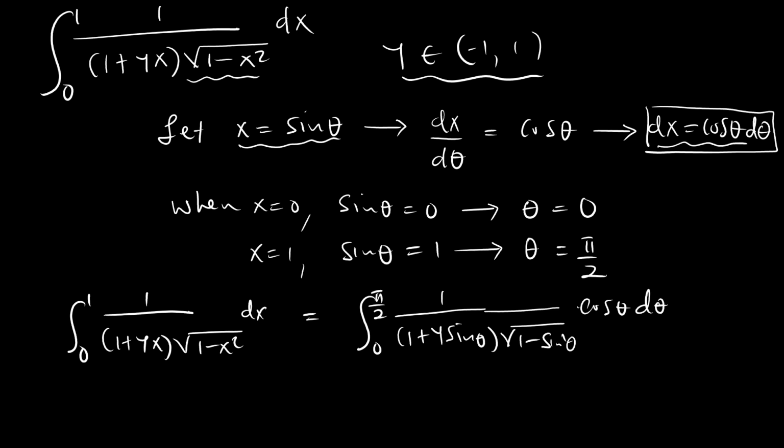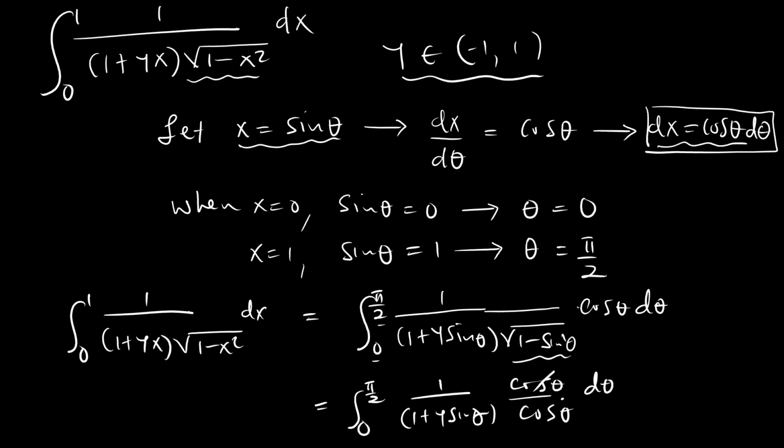So in this interval, the square root is safely cosine theta, so we have cosine theta over cosine theta, such that our problem now just becomes the integral from theta equals 0 to theta equals pi over 2 of 1 over (1 plus y sine theta). So we've gotten to this point here.